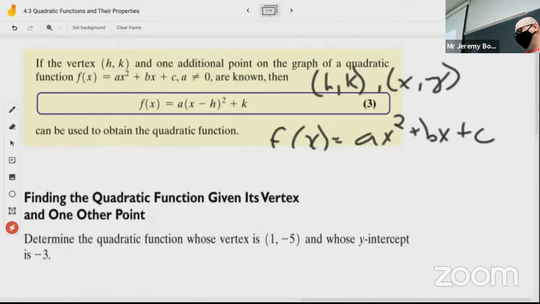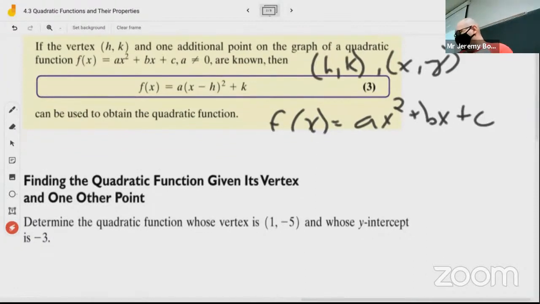Let's give it a shot. So, I had this on the screen earlier, but we want to determine the quadratic function whose vertex is (1, -5), and whose y-intercept is -3. So remember, what do we need to find the equation of a quadratic function?